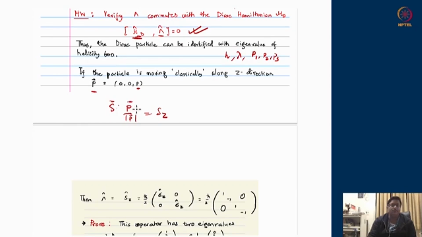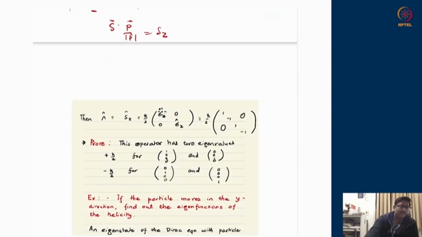S dot the unit vector along the z direction will just give me sz, and sz for the 4 cross 1 dimensional space is just h bar by 2 sigma z in the diagonals. That means h bar by 2, 1 minus 1, and then 1 minus 1.